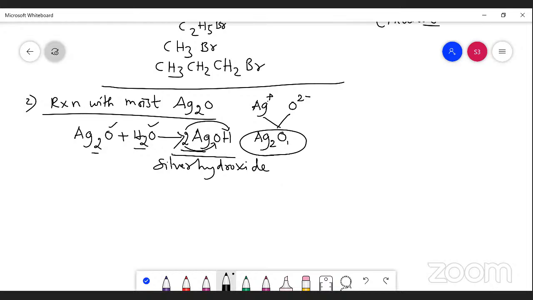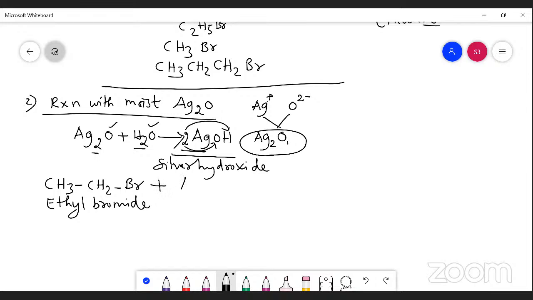Now this reactant is going to react with a haloalkane. I am going to take a haloalkane, CH3CH2Br. You can take whatever haloalkane. What is the name of this compound? Ethyl bromide is the common name, or bromoethane.